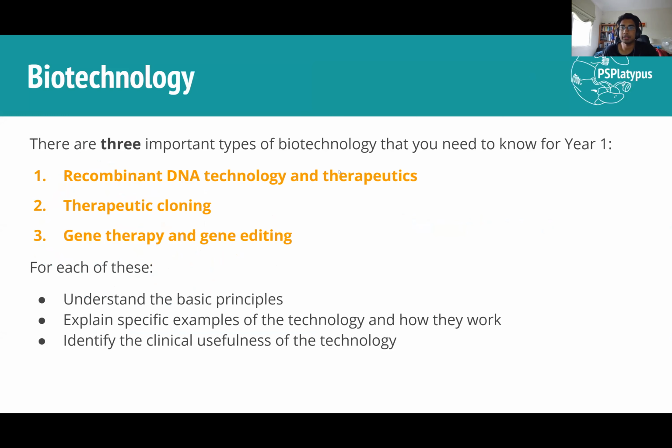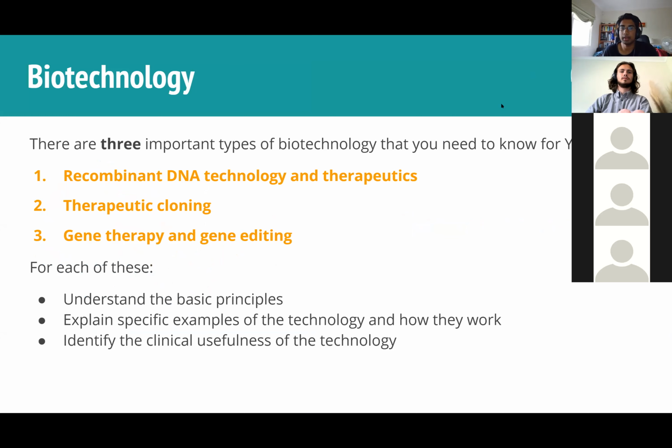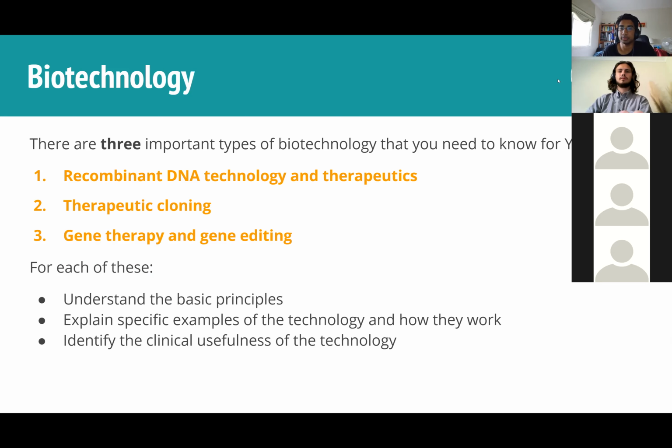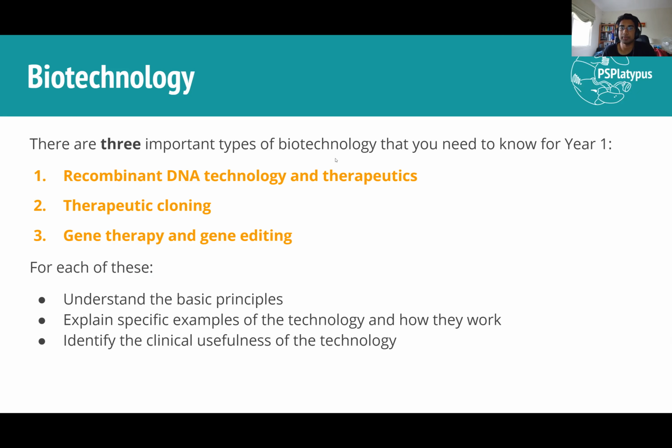There are three types of technology that you actually need to know. These are recombinant DNA technology and therapeutics. In fact, I've broken my own rule immediately because this one is quite a bit older and we've been using it for a little while now to replace a variety of different technologies which we use to produce various proteins. We'll get into that a little bit more when we talk about it.